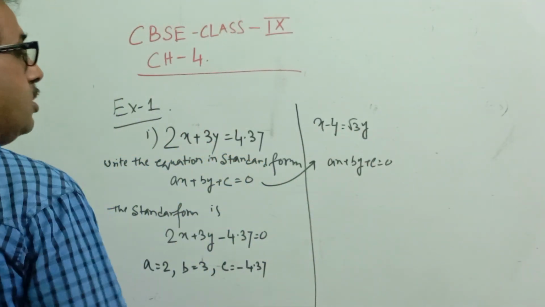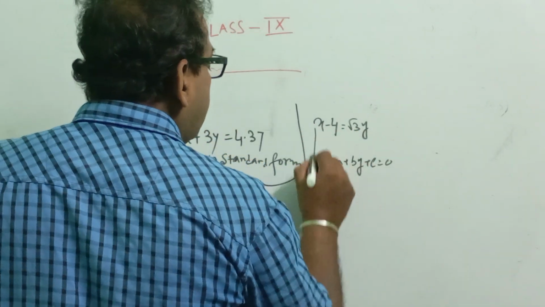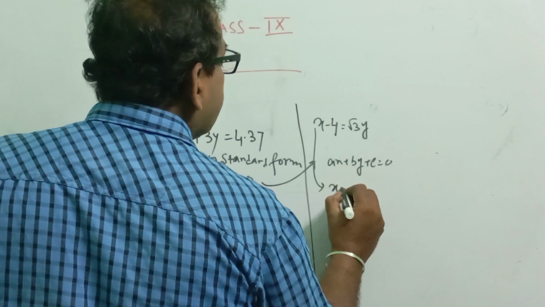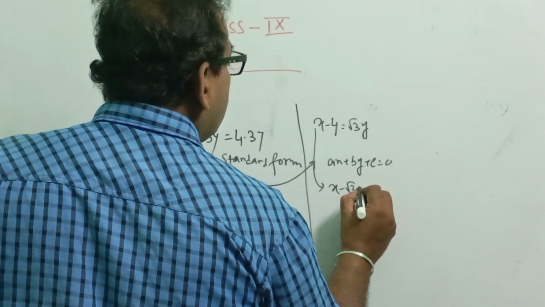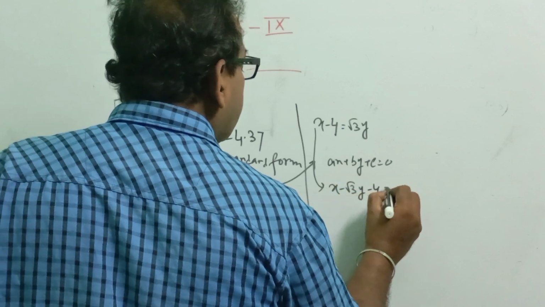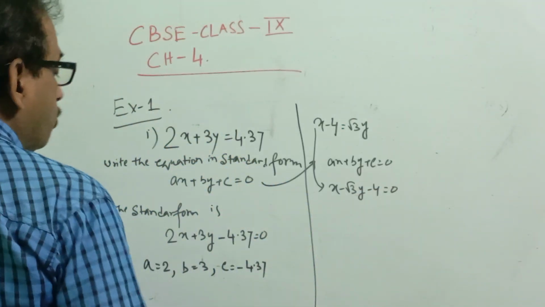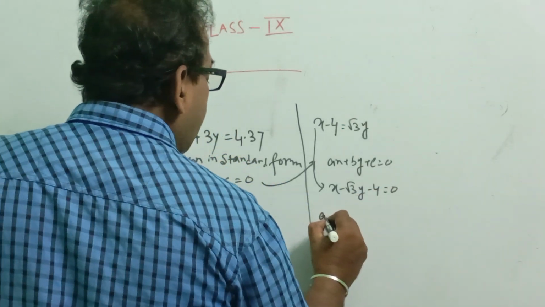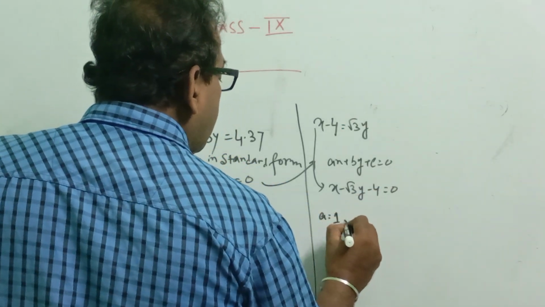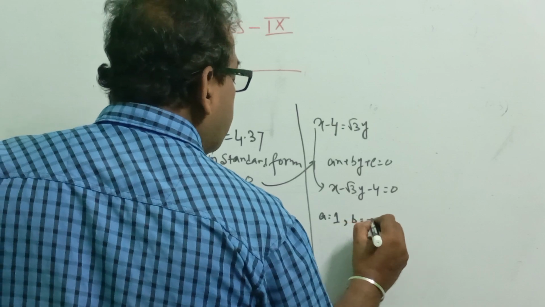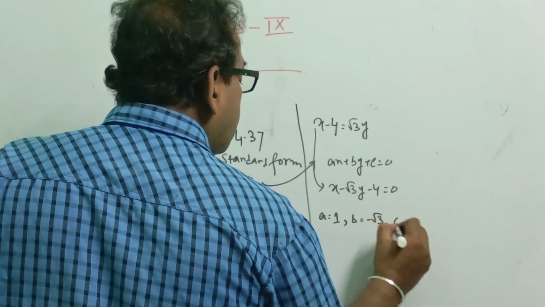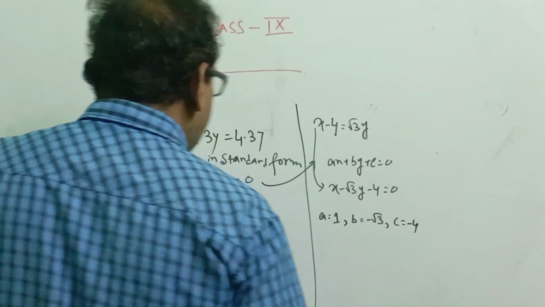Now this is not in that form, so we can write x minus root 3y minus 4 is equal to 0. So what is the value of a? a is 1, b is minus root 3, c is minus 4.